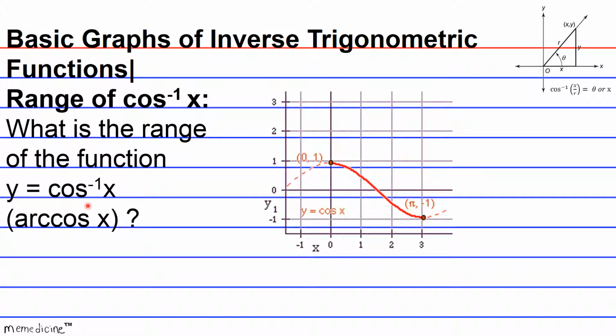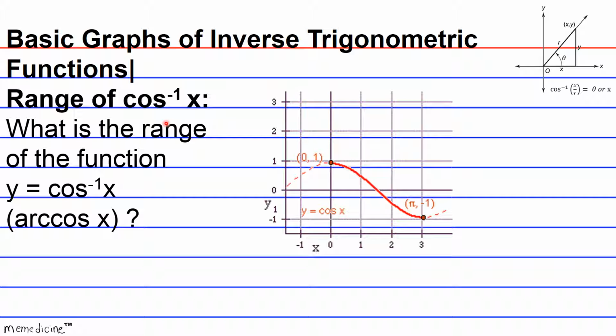And without restricting the domain, we're going to see that if we were to try to slice the inverse cosine function, it wouldn't be one-to-one, okay? So it would be a one-to-many function, and that's not what we want.